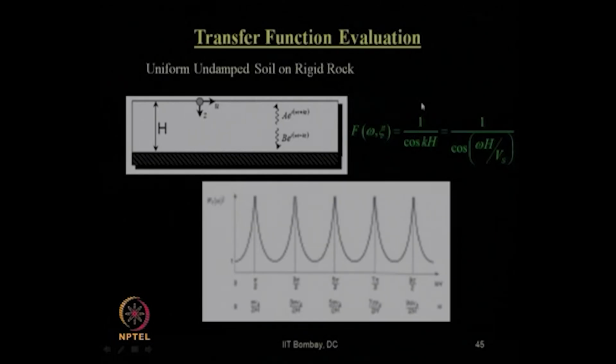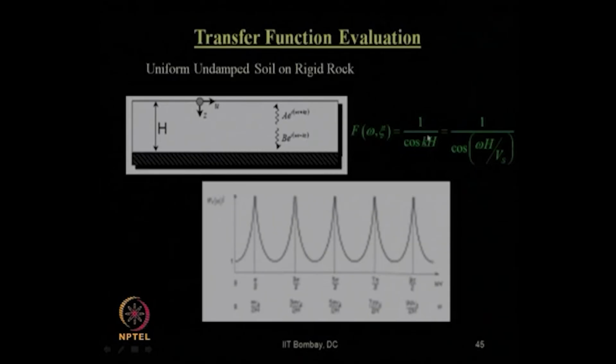Why? Because 1 by cosine of k h is a function of, for the undamped case, not a function of eta, the damping ratio. It is a function of only omega, because your wave number is correlated with that, as we have seen already, and the thickness of the soil layer.